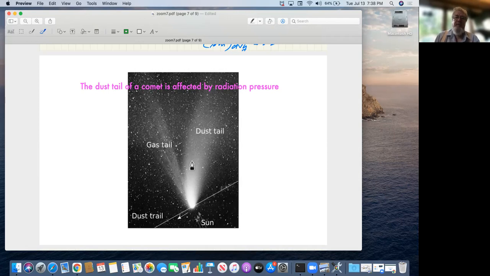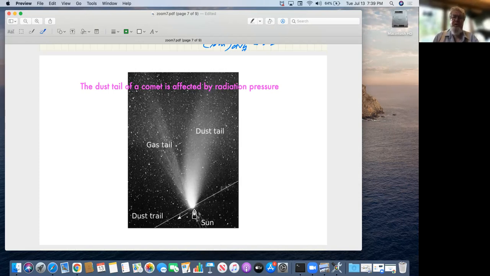Now, in fact, that's called the tail of the comet. But in fact, a comet will have two tails. It'll have a tail made of gas, which will point more or less directly away from the sun. And it'll have a tail made of dust, which will point somewhat away from the sun, but also somewhat spread out in a larger region.